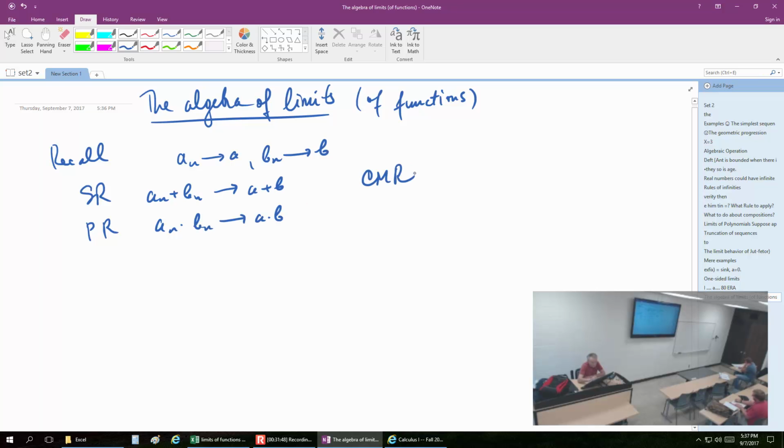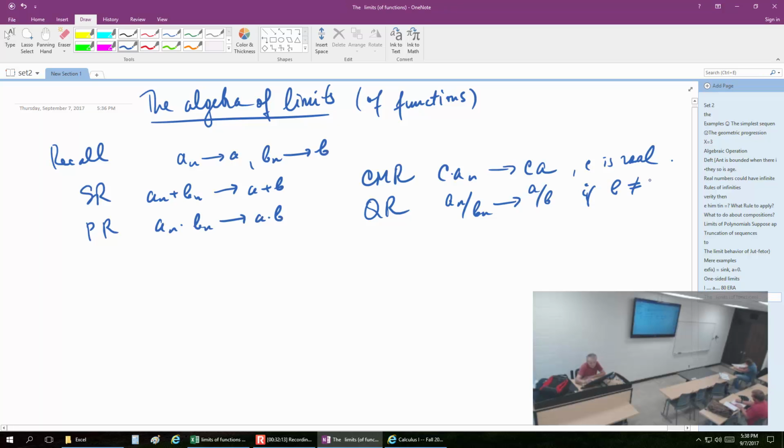Constant multiple rule is c an converges to c times a. c is any real number. And finally, the quotient rule, an divided by bn is going to converge to a over b as long as b is not equal to 0. Okay, so that the expression makes sense.